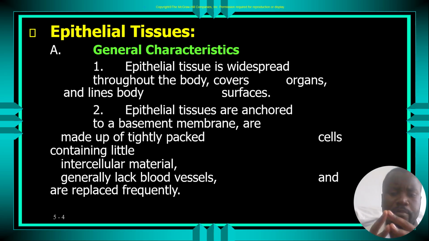The cells that make up epithelial tissue are tightly packed, meaning there is close apposition of cells. And blood vessels are mostly lacking in epithelial tissue. Therefore, the materials needed by the cells to survive tend to diffuse. And this epithelial tissue is frequently replaced.